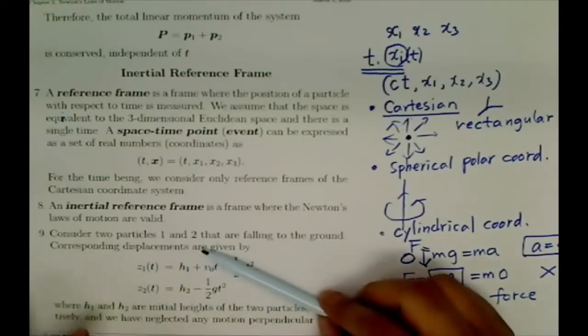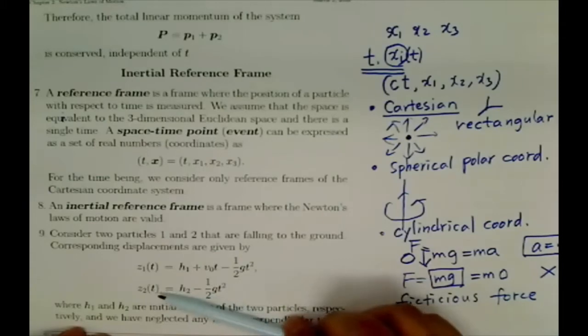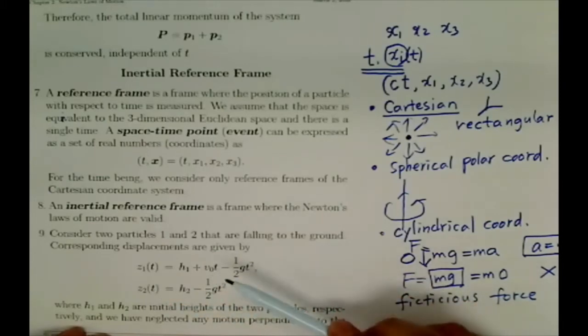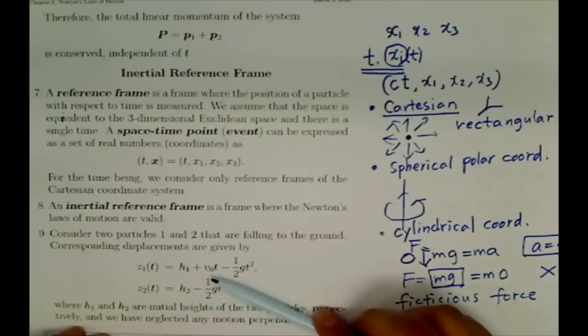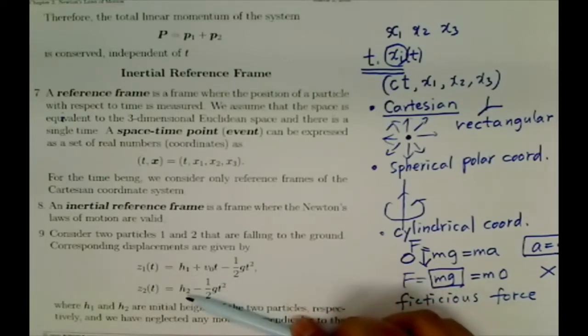First, we consider the free falling of two objects. Two objects are falling down, but with two different initial velocities. You can say the z-axis is a vertical axis on the ground, and initially z1, the particle 1's displacement, was h1, and particle 2's displacement was h2.